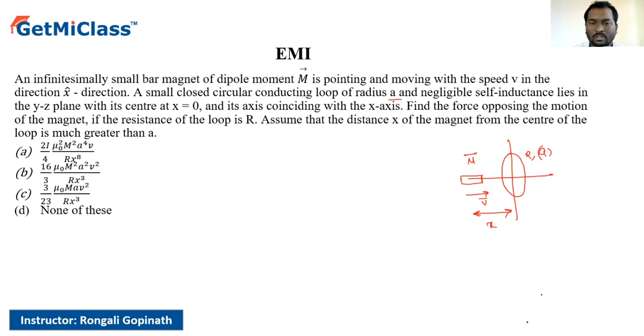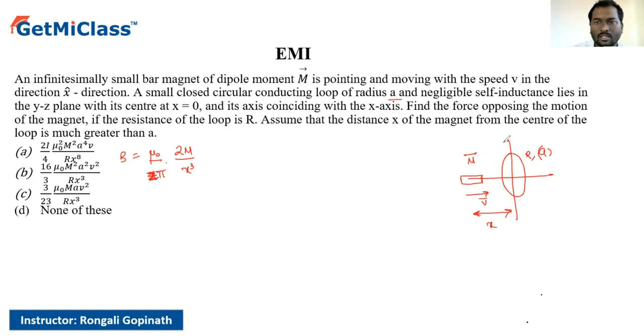To find the induced current, the magnet creates a magnetic field B, which is given by mu naught by 4 pi into 2m by x cube. So mu naught by 2 pi into m by x cube.